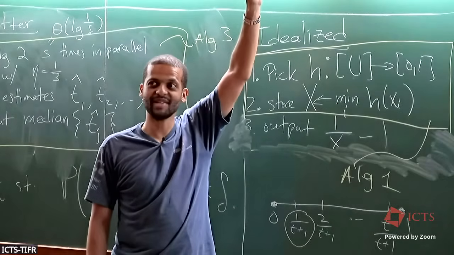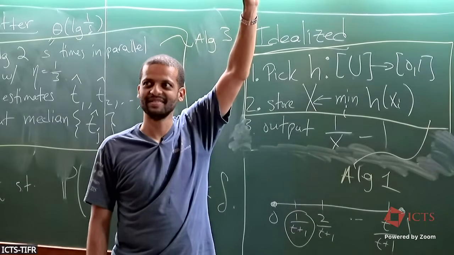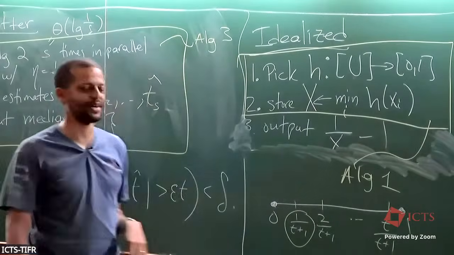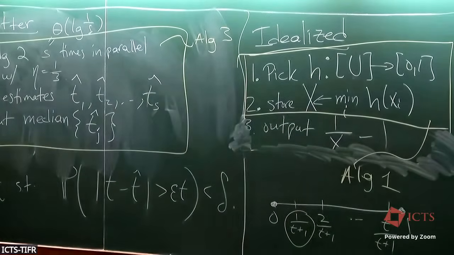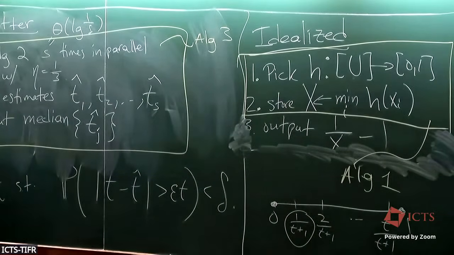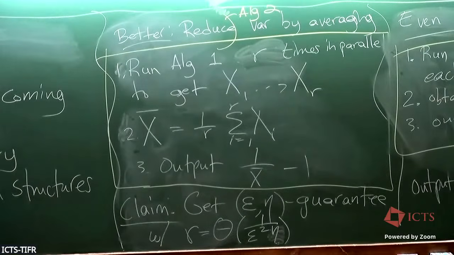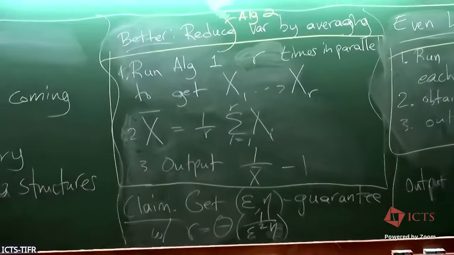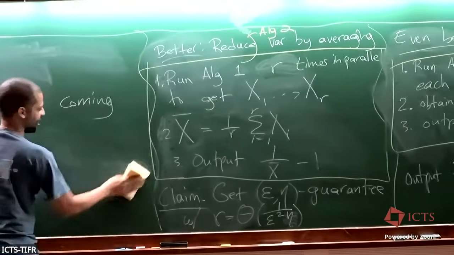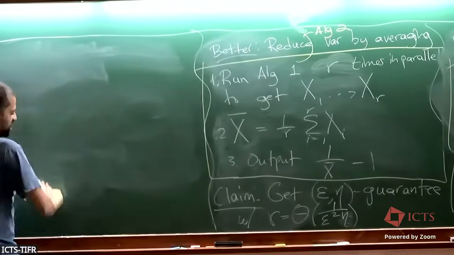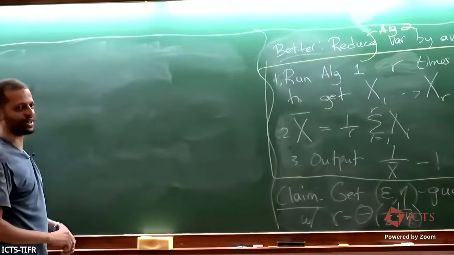K-wise independent hash functions. Maybe I'll just say a word about that. The idea is that I'm not going to use a truly random H because I can't afford it. I'll use a pseudo-random H, which is good enough for my algorithm to work.